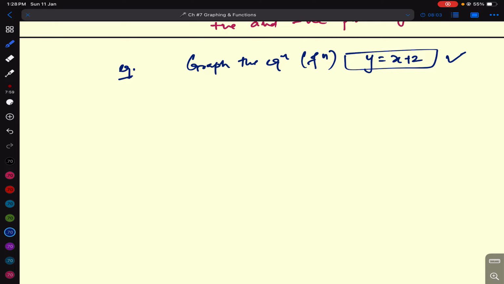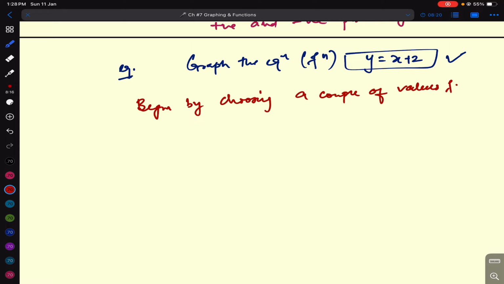So we will begin by choosing a couple of values for x. You can choose any random values.